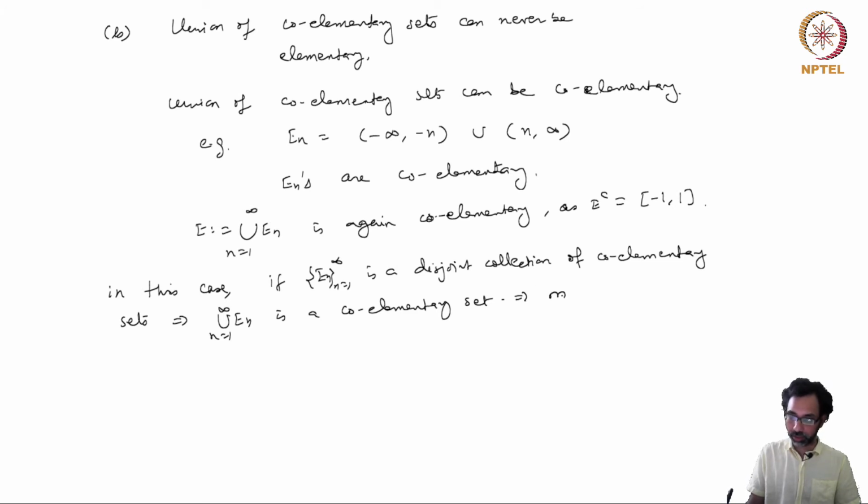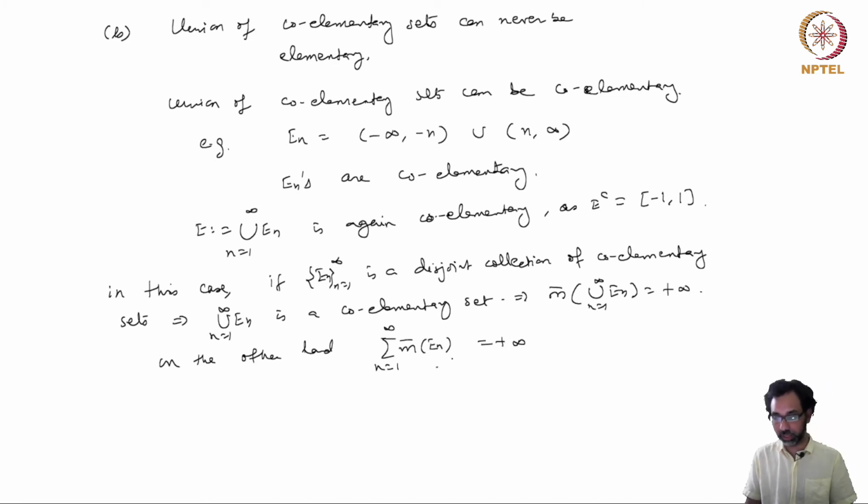So this means that the measure of the union is plus infinity. On the other hand, the sum of these measures is also plus infinity, because each term is plus infinity. So in fact it shows that even if one of them is co-elementary, then you have plus infinity on both sides, and so the equation holds.